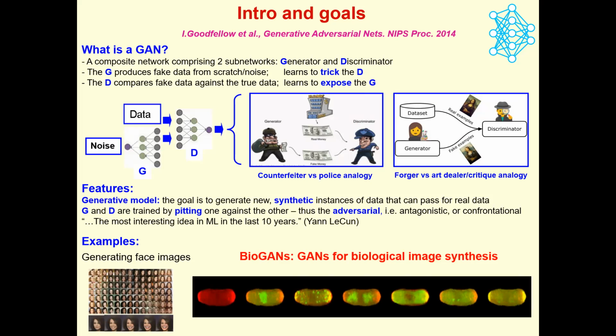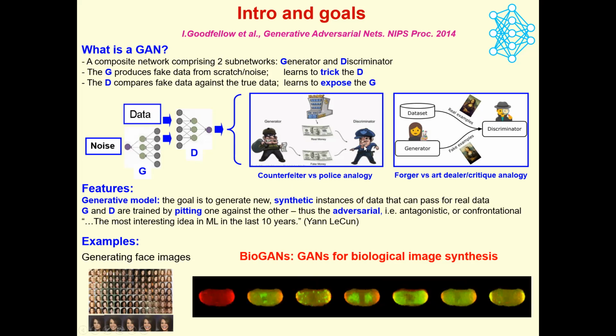So this procedure can be illustrated with a simple example in order to get a better feeling for how this works. Let's consider a couple of examples. In one example, a counterfeiter attempts to create fake dollar bills that look similar to the real bills issued by a bank.